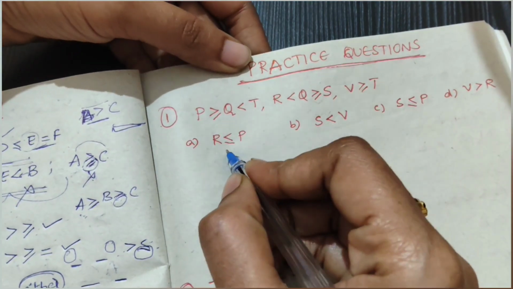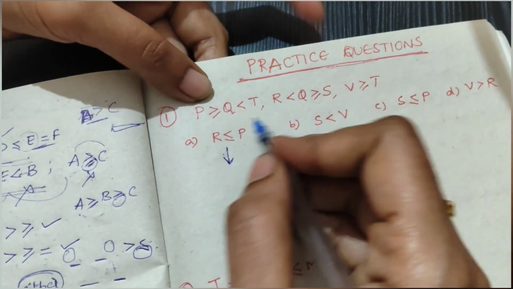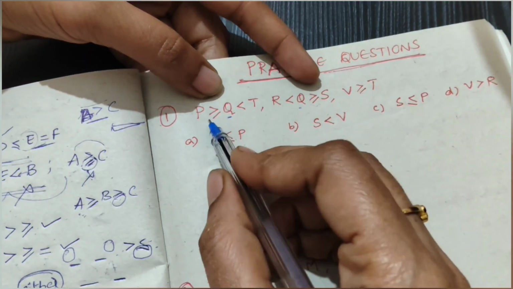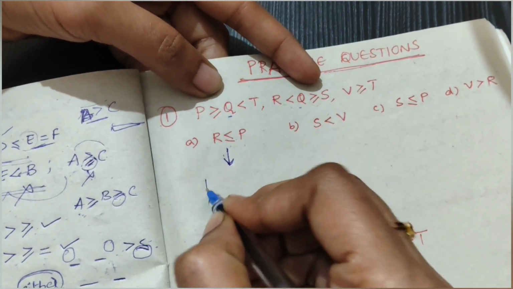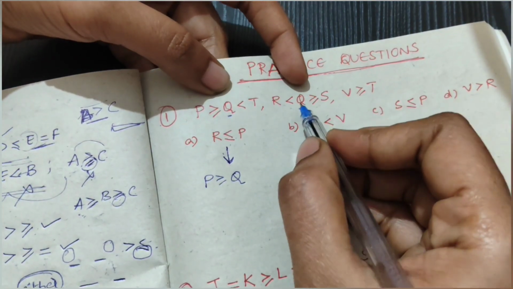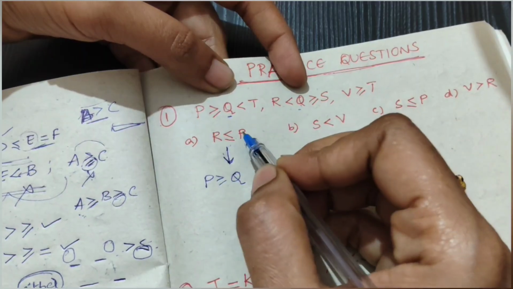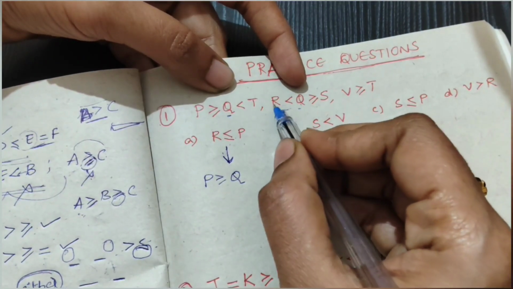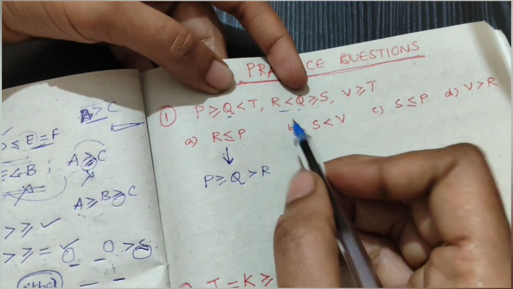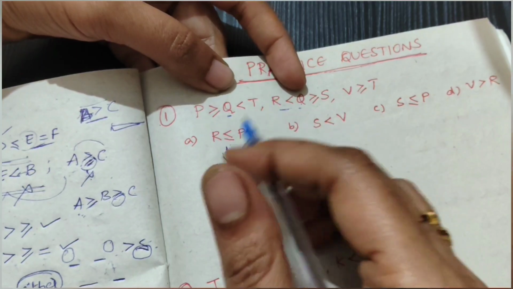So now, for example, the first conclusion, r less than or equal to p. Here q is common, so for this conclusion we will combine these two statements: p greater than or equal to q. Now we can take r and p, so r less than q, which means q greater than r. I hope you are getting it. Initially you need to be cautious about these signs.